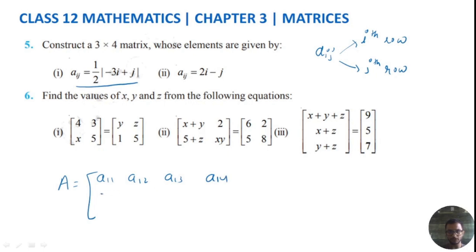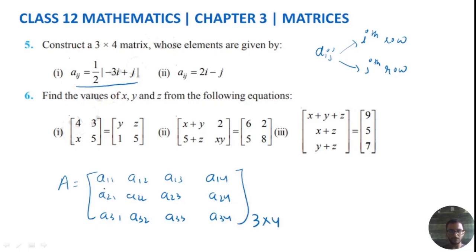Then it's 3 cross 4, right? That means 3 rows and 4 columns. Then A21, A22, A23 and A24. Then A31, A32, A33 and A34. So this is a 3 cross 4 matrix.